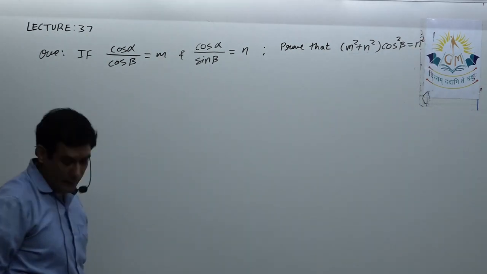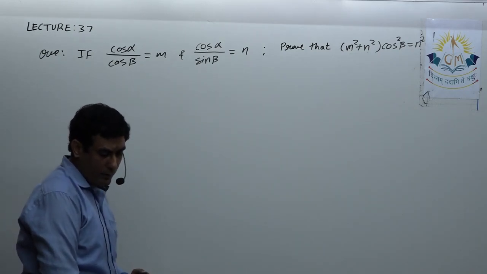Okay, you have to prove that m square plus n square cos square beta is equal to n square.